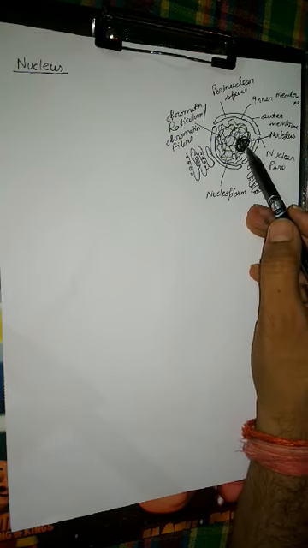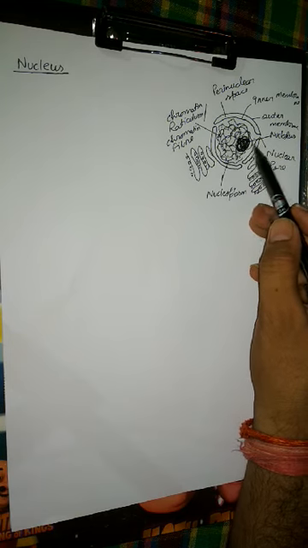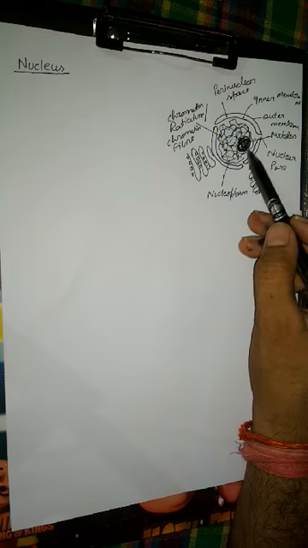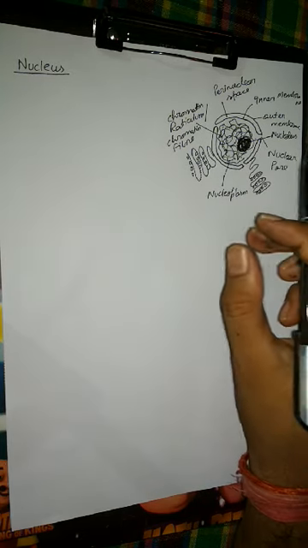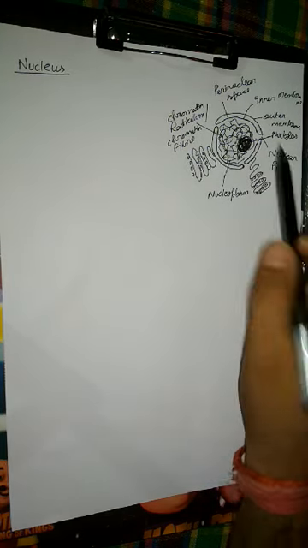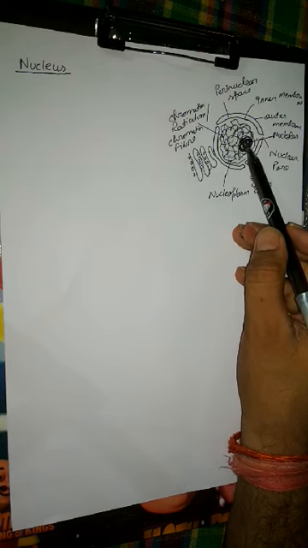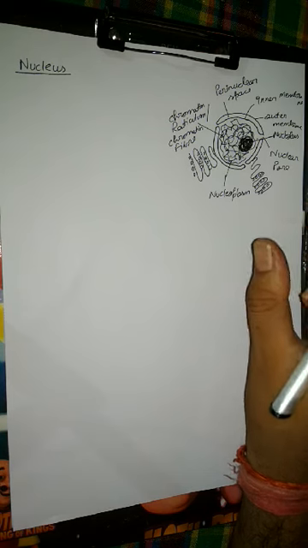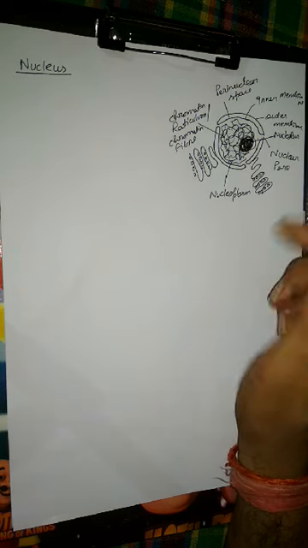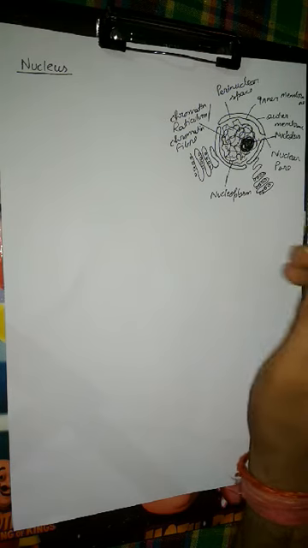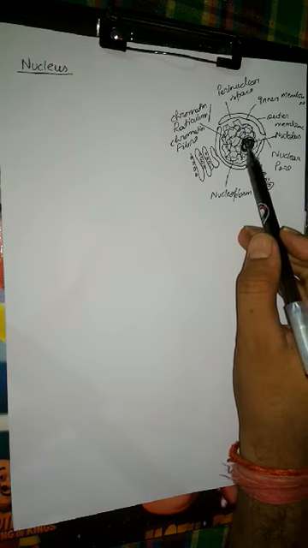It is a membraneless structure. Don't think that around this nucleolus any membrane is there. This is the nucleolus where the chromatin reticulum is densely packed, and as a result it appears dark inside the nucleus. Clear? That's why it stains very dark, because the DNA is densely packed in this area.